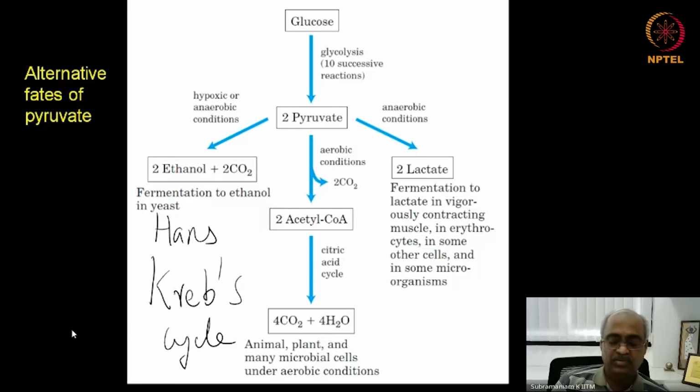For example, if you take a cancer tissue, a tumor that is growing, initially when the tumor starts to form, as it enlarges, it will not have induced blood vessels to supply blood to the inner parts of the tumor. Due to that, it will not have plenty of oxygen available.